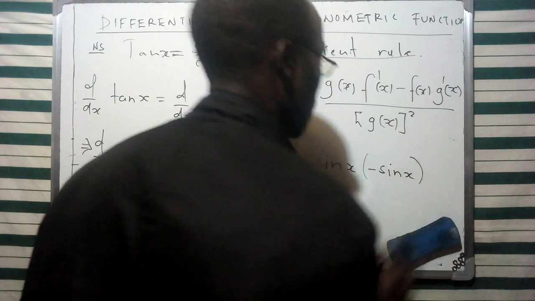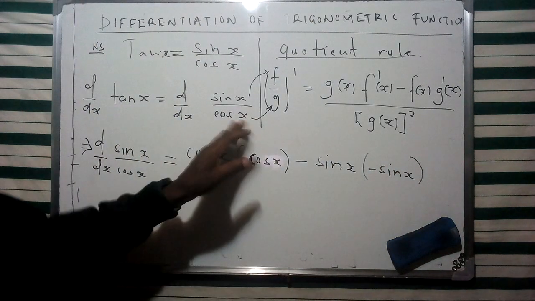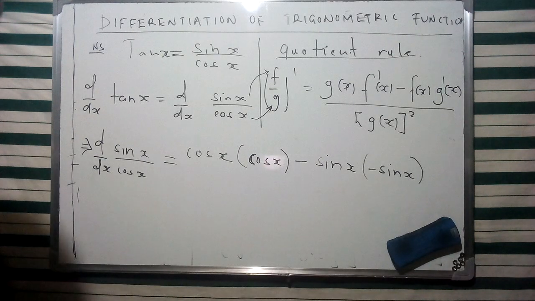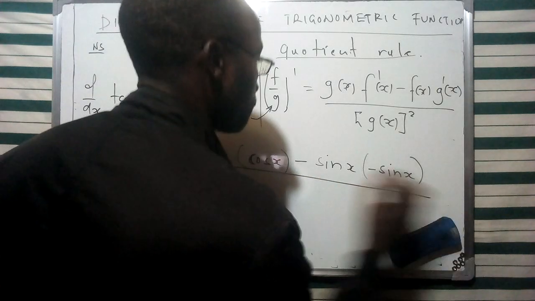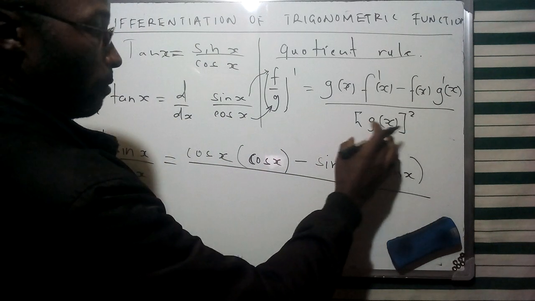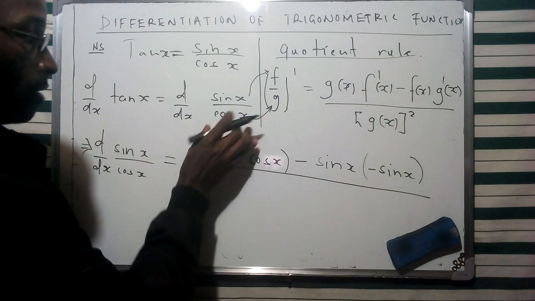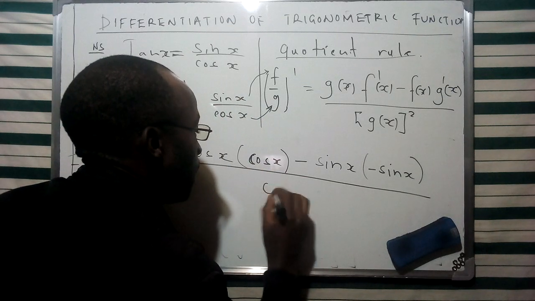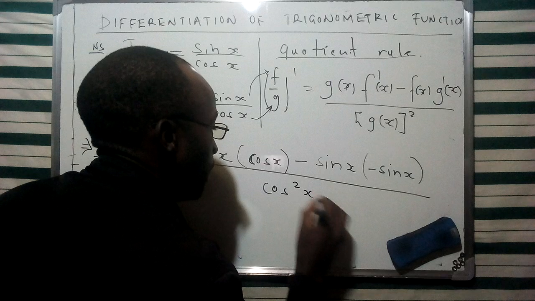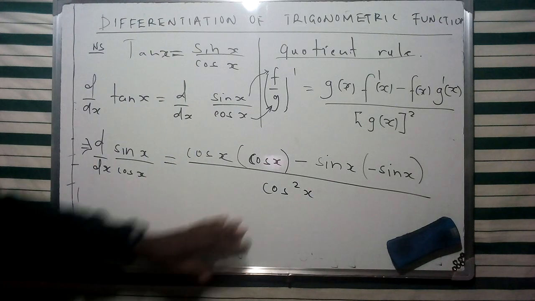So implying that the derivative of the cosine of x is the negative sine of x given as such. And then we're going to have this one divided by the square of g(x). So we have said that g(x) is represented by the cosine of x, therefore the denominator for this one is going to appear as the square of the cosine of x given as such.